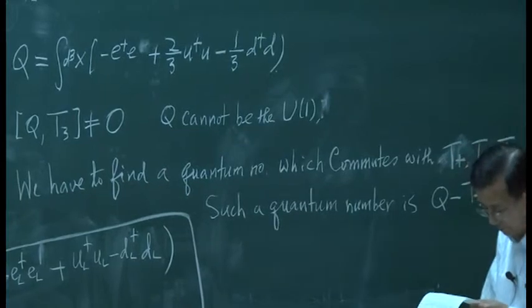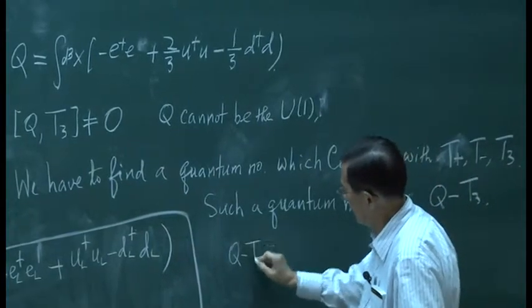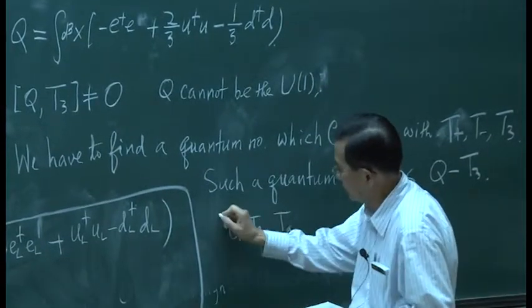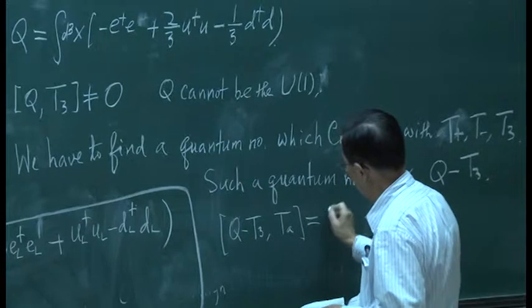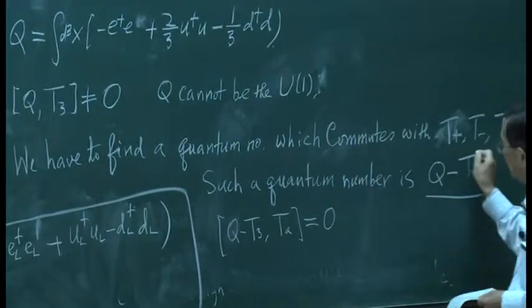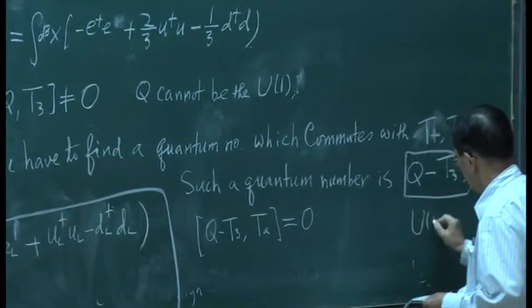Okay. So Q minus T3 commutes with all the quantum numbers in SU2. So this will be the U1. So this is the U1.